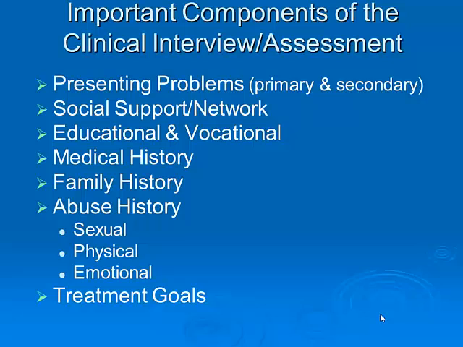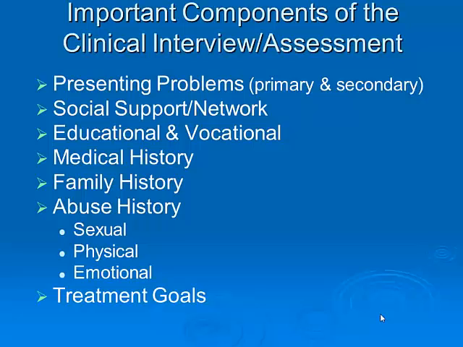So for example, thinking about a client that I met with recently, the presenting problem was substance abuse. But in addition to substance abuse, there were also some familial kinds of problems, marital discord, that contributed to the problem.